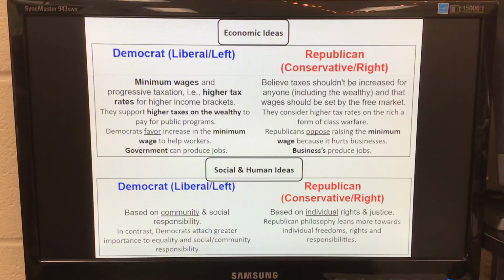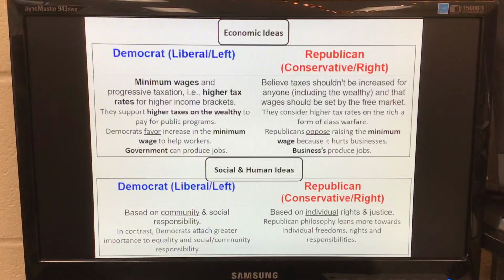Doing things, passing things, creating programs and services for people so that it is more about all of us and making sure everyone has what they need, making sure everyone is protected, etc. Everyone as a group, okay?